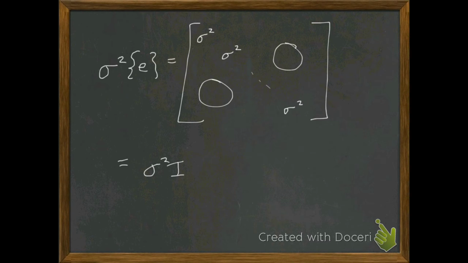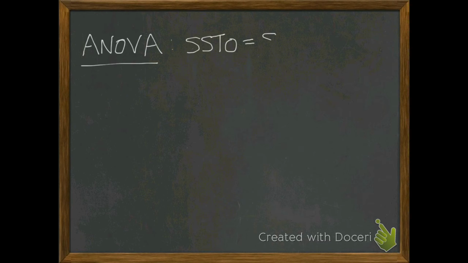Now, let's move our calculations into ANOVA. And again, remember in ANOVA we're partitioning out the sum of squares. And obviously, if we can find two of them, we can find the other one by simple subtraction.